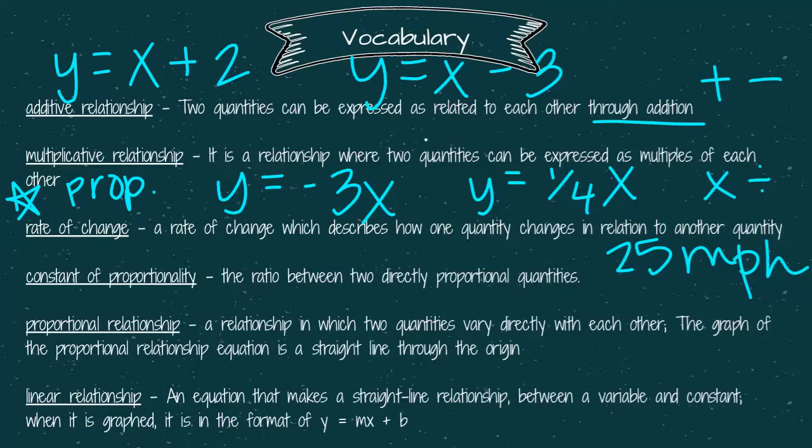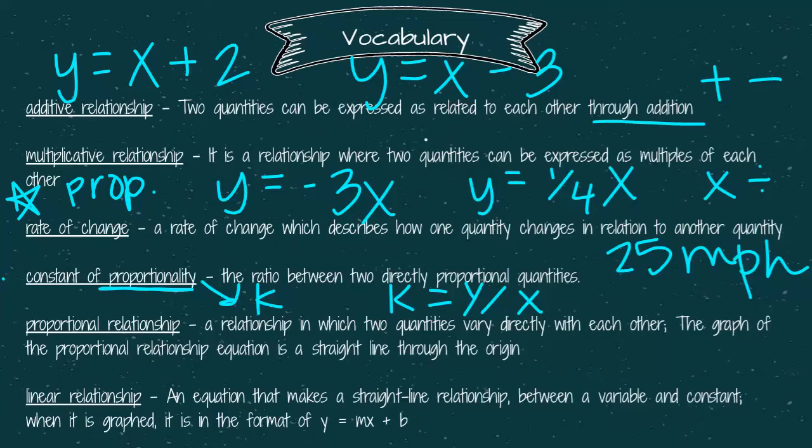Our constant of proportionality, so notice proportionality, which means it's a multiplicative relationship, is the ratio between two directly proportional quantities. And we're actually always going to find that by putting y over x. Notice I use the letter k for this. K stands for our constant of proportionality.